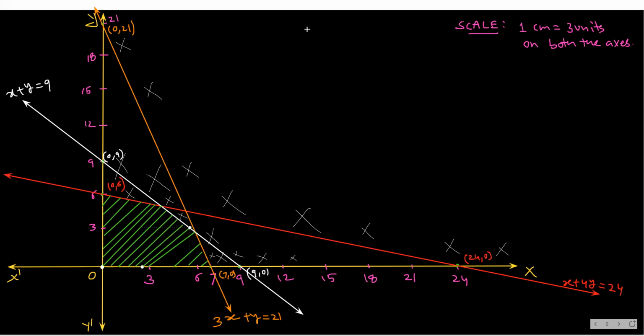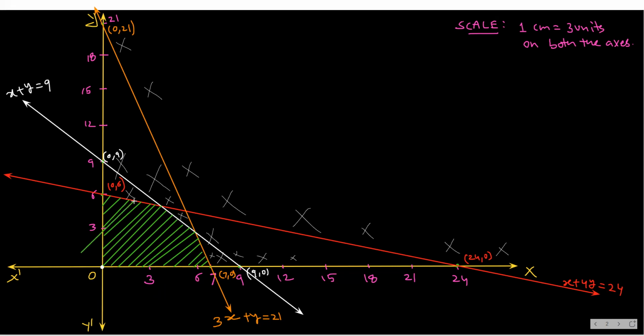What were they? They were x greater than or equal to 0 and y greater than or equal to 0. See, if I extend the line here, it is wrong. Why? Because now I'm going to get y less than 0. These points are not there. I have to restrict myself only up to this. If I go ahead like this, it is not correct, because now I'm going to get x negative.